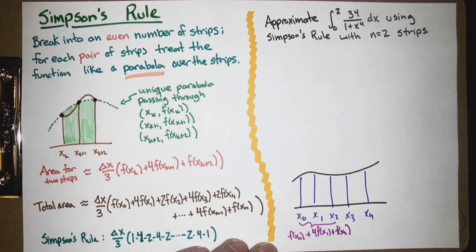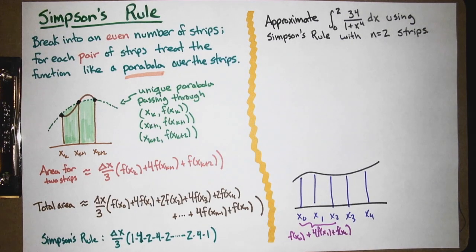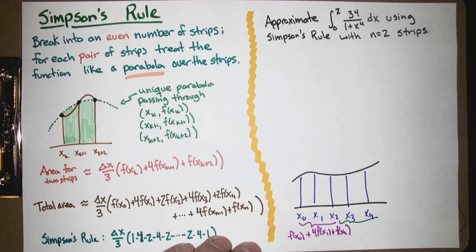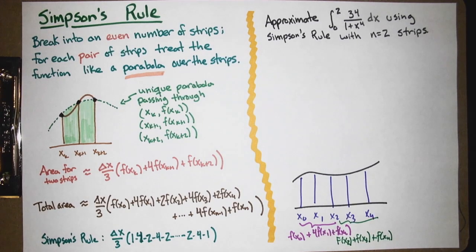So that's for that first 3. Sorry, first two strips. Then we go to the next 2 strips. And what's going to happen? Well, we're going to get f of x2 again, plus f of x3, plus f of x4. And of course, if we have even more, we keep going.